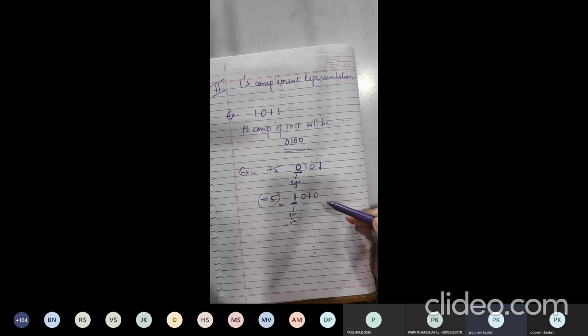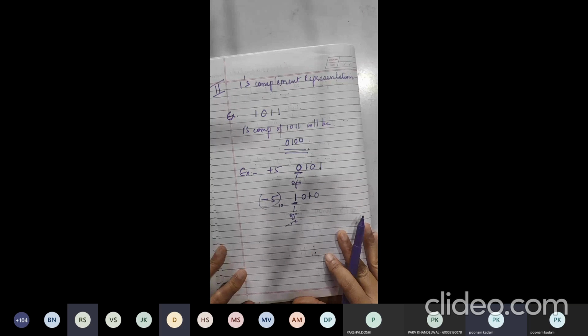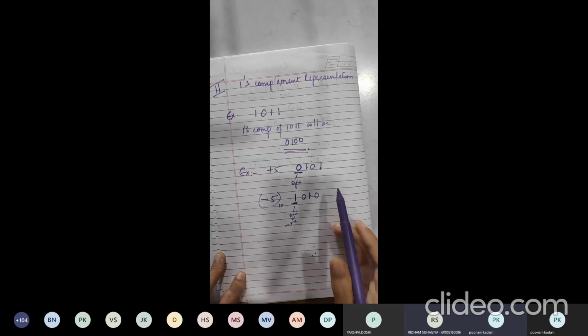Clear? Can we also represent -5 with 1101? No. 1101 is the sign magnitude representation of -5.